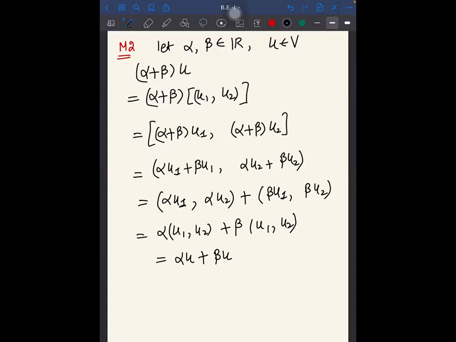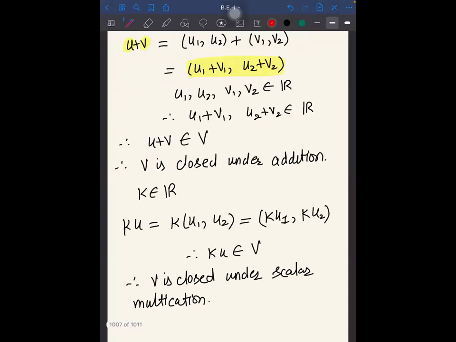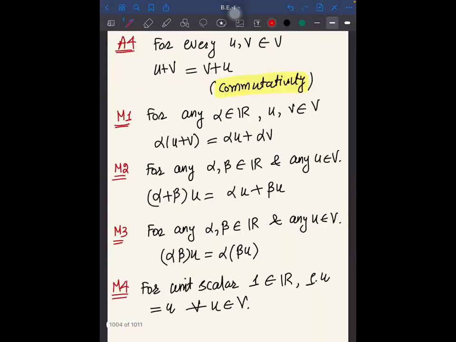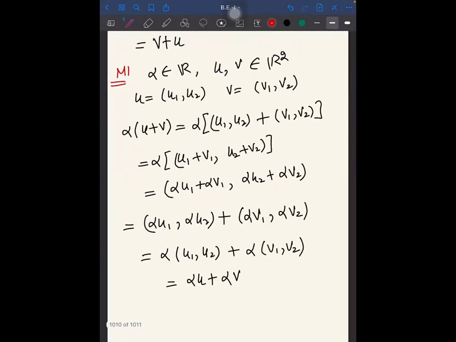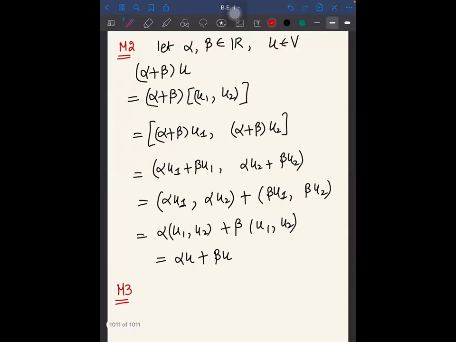Yes, sir. Okay, so see M3. And what is M3? Alpha beta u is equal to alpha times beta u. So let's try to find out this. Alpha beta u should be equal to alpha times beta u. So can we do this? Let's try.